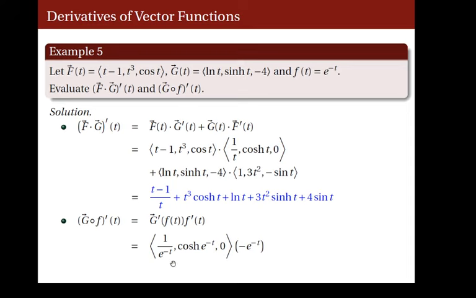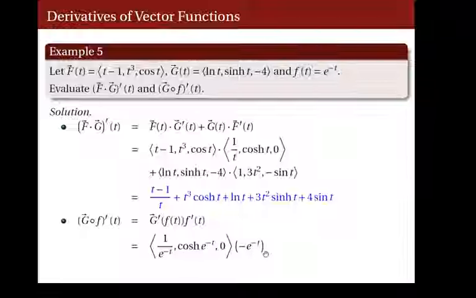So we have this vector valued function times the derivative of small f, which is the derivative of e to the negative t. The derivative of e to the negative t is e to the negative t times the derivative of the exponent, which is negative 1.